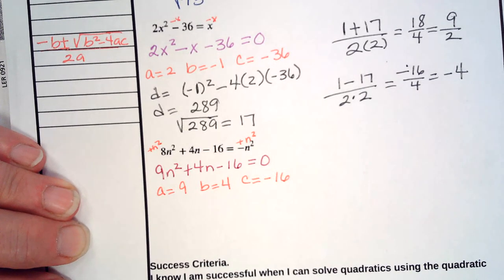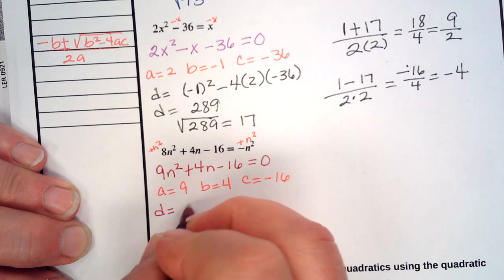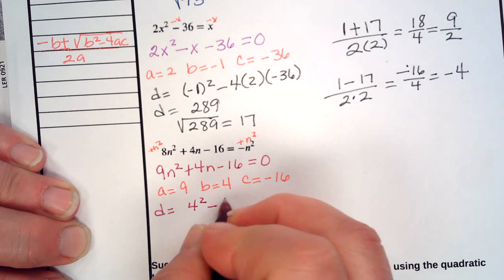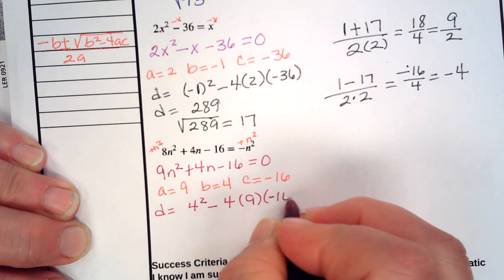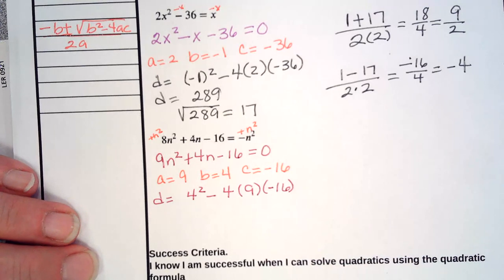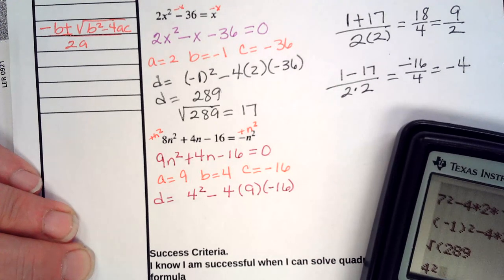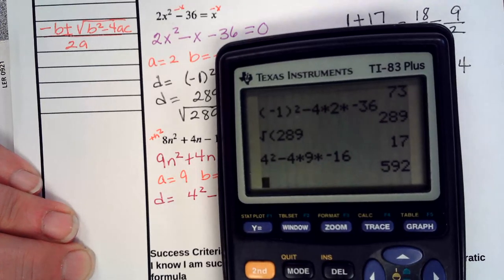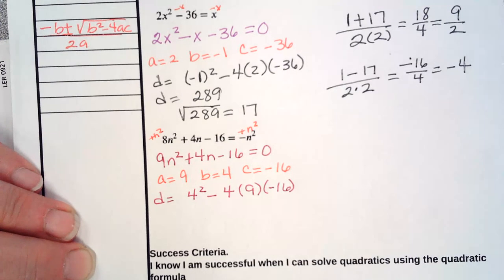Find your discriminant. D is equal to 4 squared minus 4 times 9 times -16. Remember to keep that negative sign because it makes a big difference. I get 592.